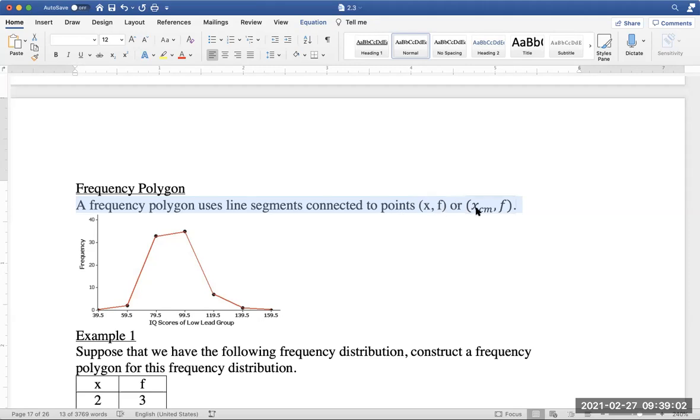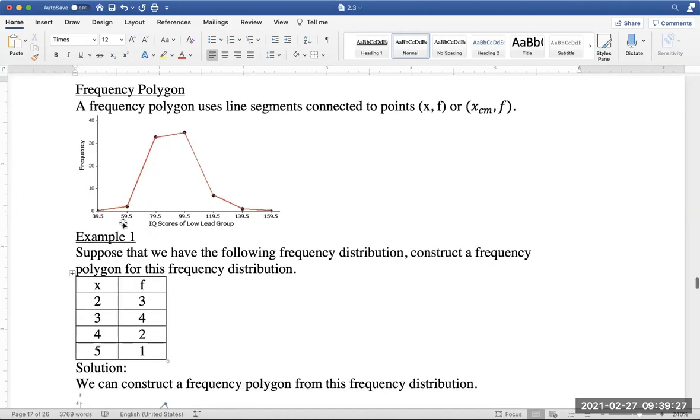For grouped frequency distributions, it's the class mark and the corresponding frequency. You then connect these points with lines, and that's a frequency polygon.